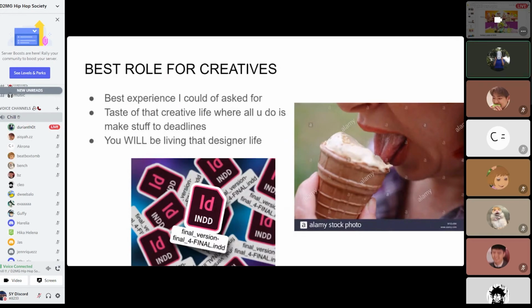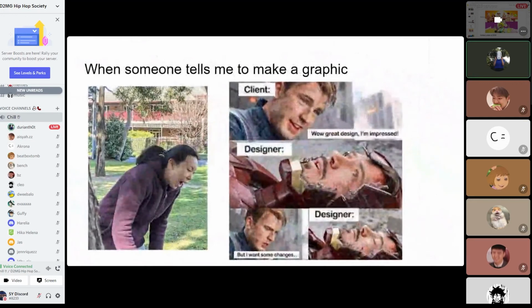So you will be living that designer life, okay? So if you're interested in that life, this is the role for you because you see these final versions, final 4, final InDesign, you'll be seeing a lot of those. Okay, and so this is kind of my experience as the media director because graphic design is actually not my passion. So yeah.